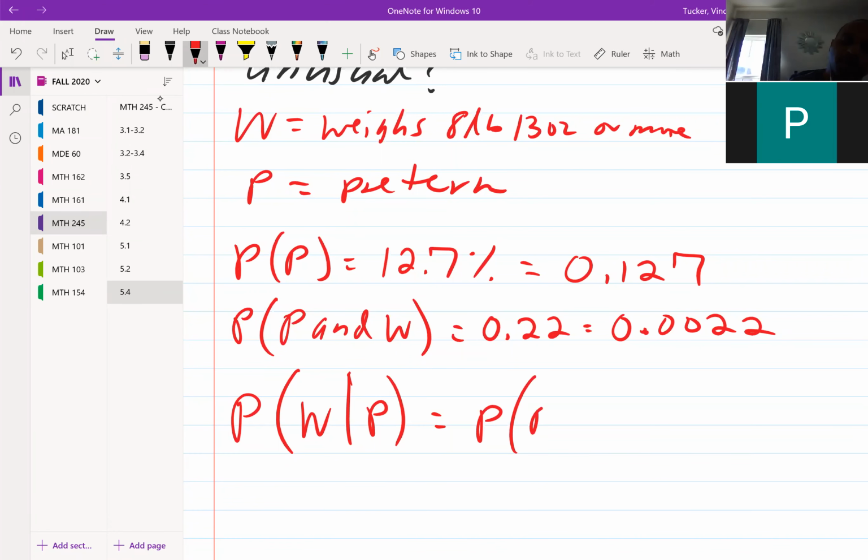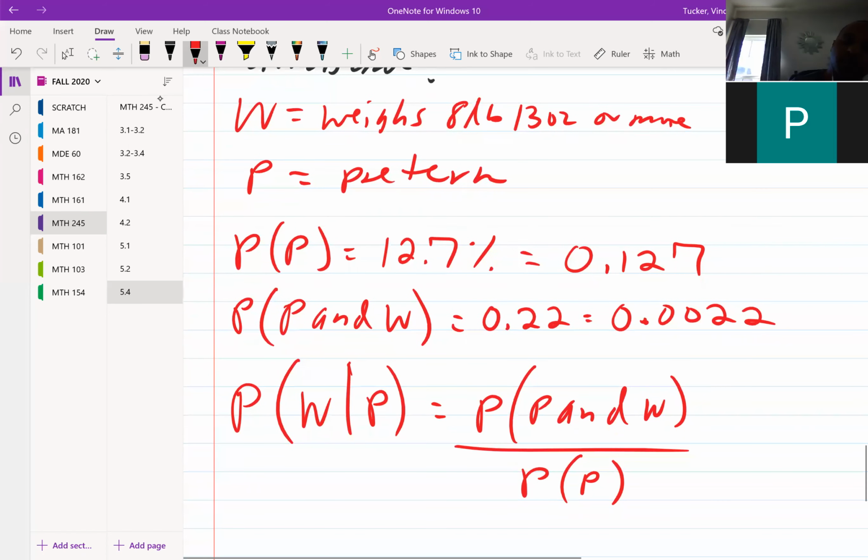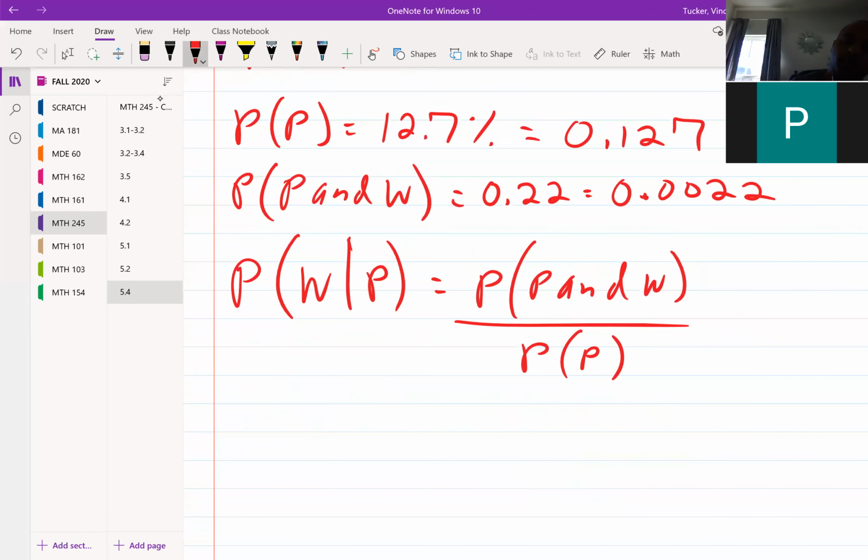So the probability of P and W over the probability of P. So that'd be 0.0022 over 0.127.